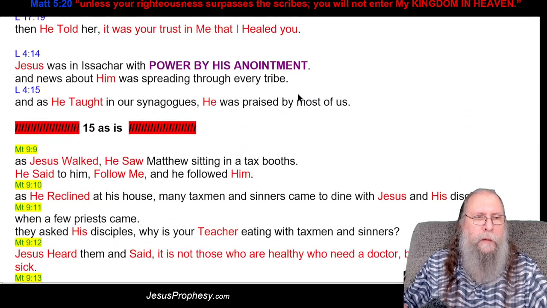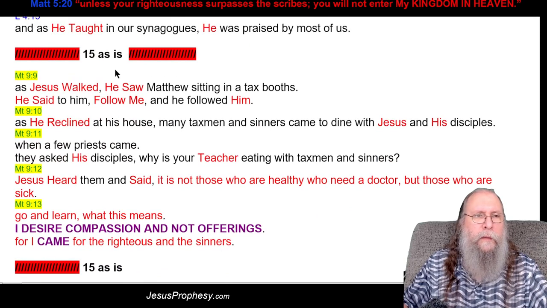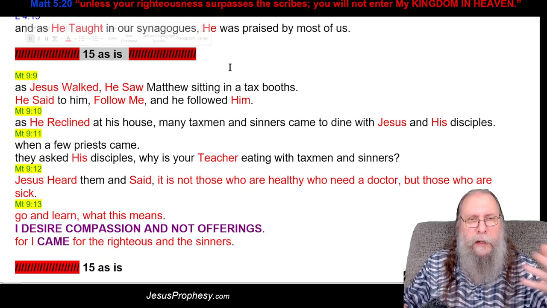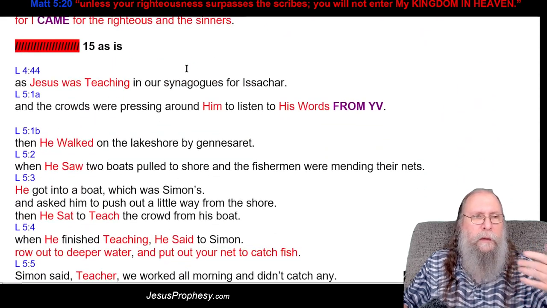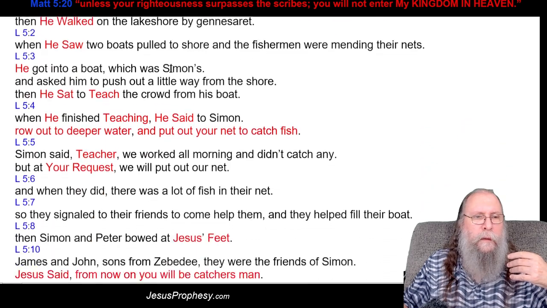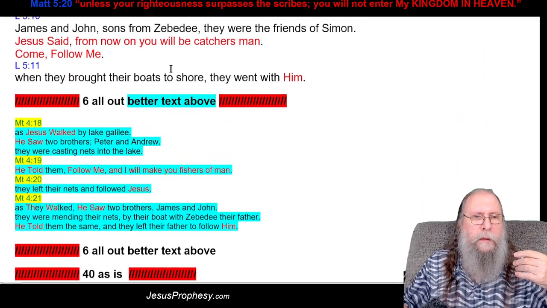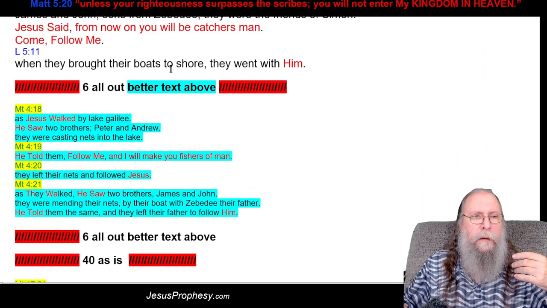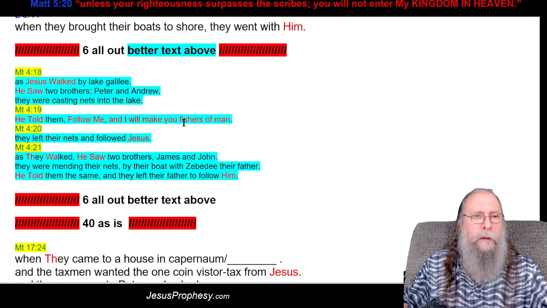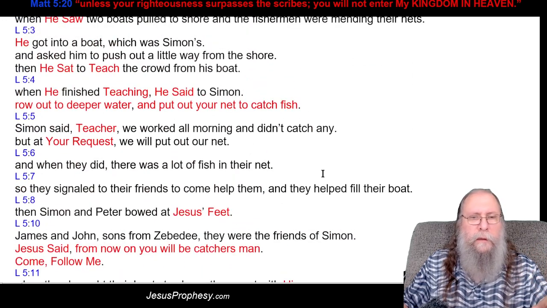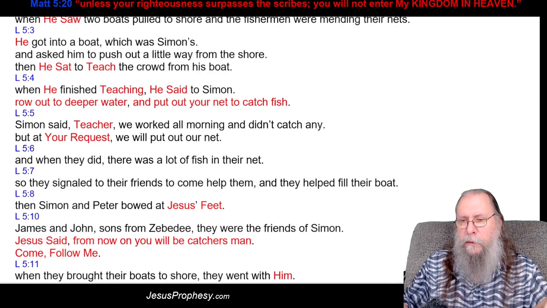Now I need to come down here. I left this group of Matthew as is. So the next editing you'll see is this bar will be removed in the next editing. Of this group here, the text above has better text.